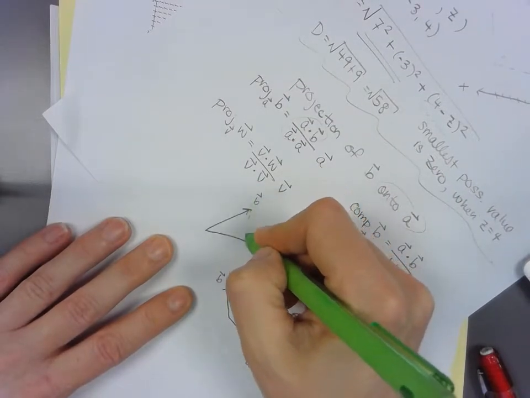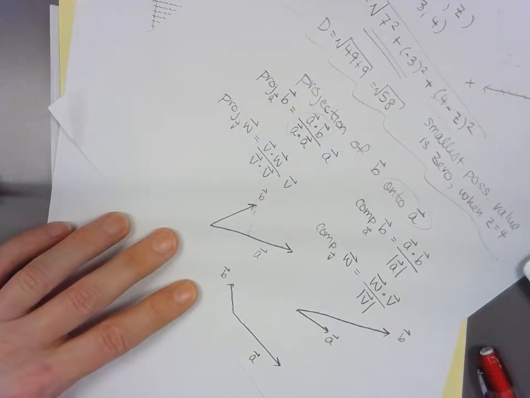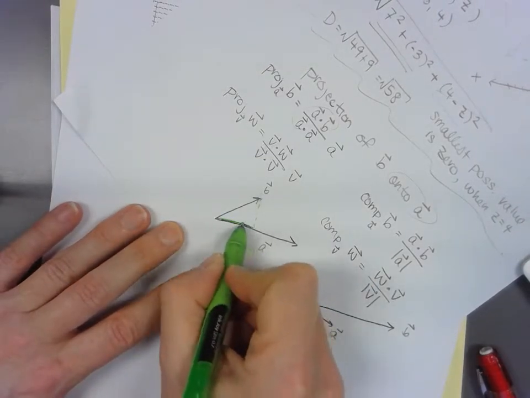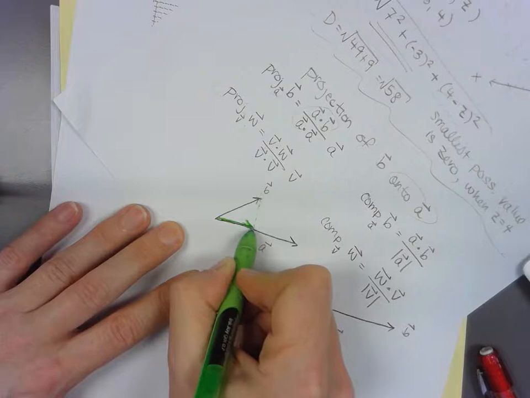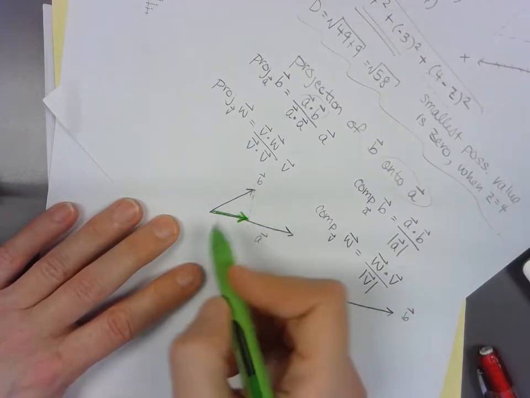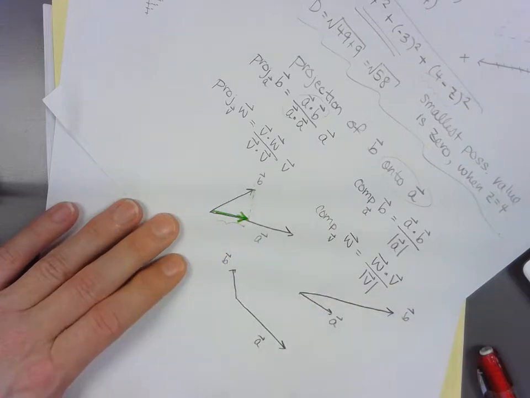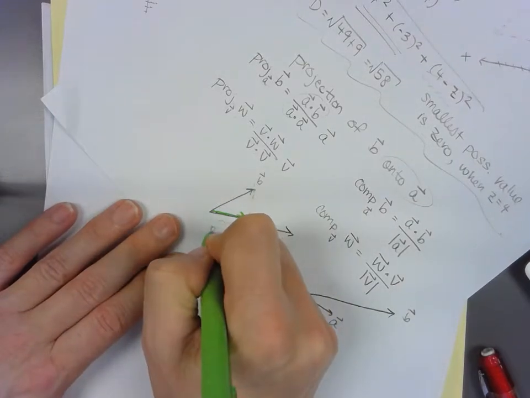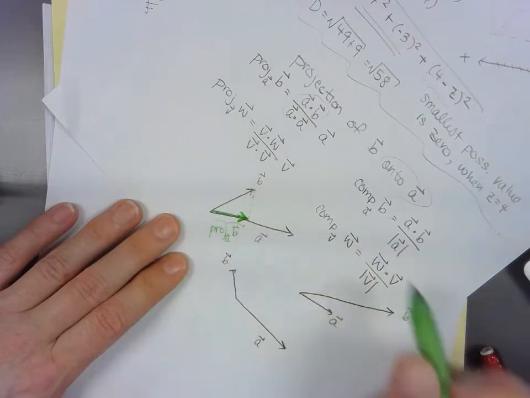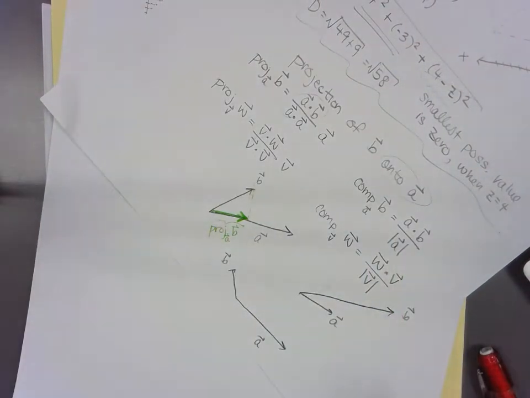There's the sun shining, and this part is the shadow. That vector right there is the projection of B onto A. The component is the length of the shadow. The projection is the whole shadow, it's a vector. The component is the length.